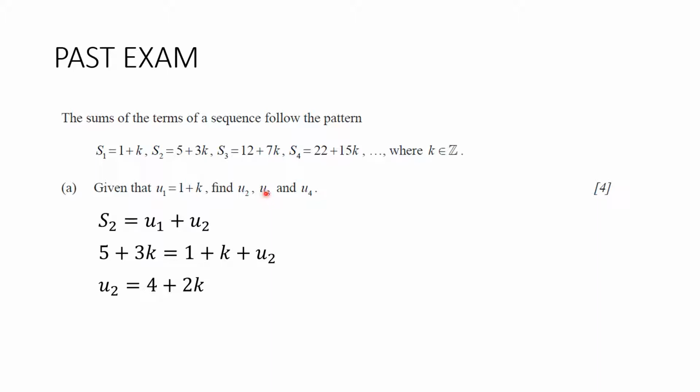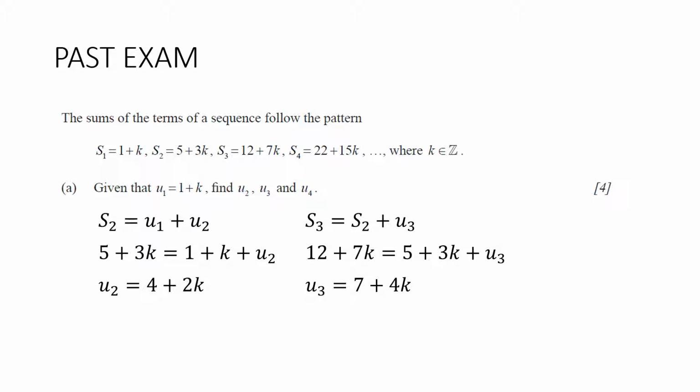Now we want to find u3. It's going to come from here. So the sum of 3 terms is going to be the sum of 2 terms plus the third term. We know this, it is there, 5 plus 3k, and we know the sum of 3 terms. So we just need to put it in and solve for u3.